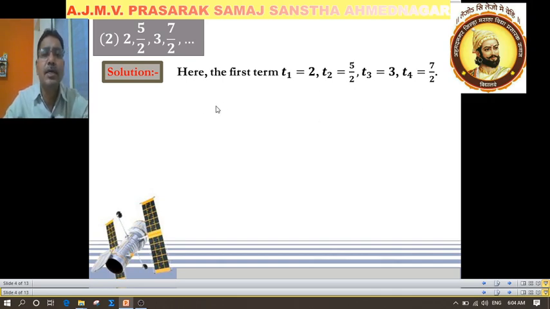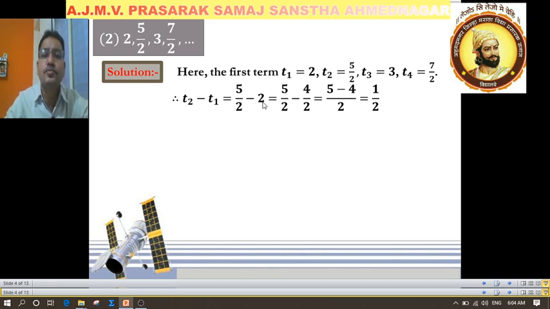Now taking the difference between the first two terms, that is T2 minus T1, therefore T2 minus T1 is equal to 5 upon 2 minus 2.